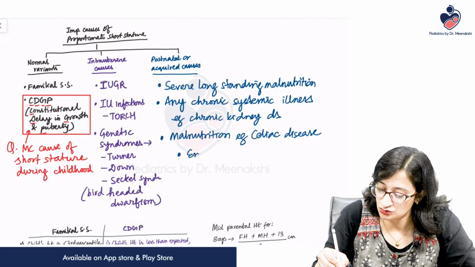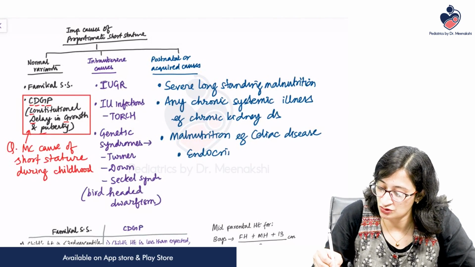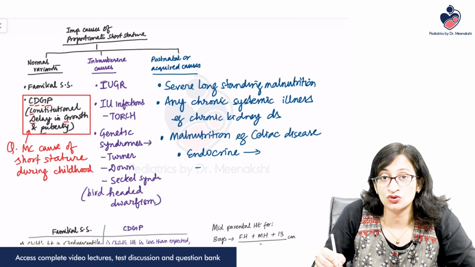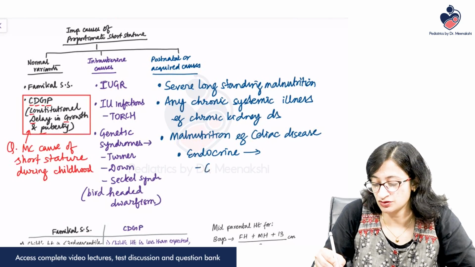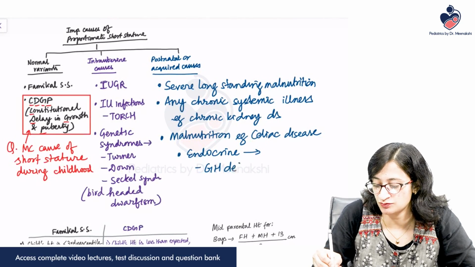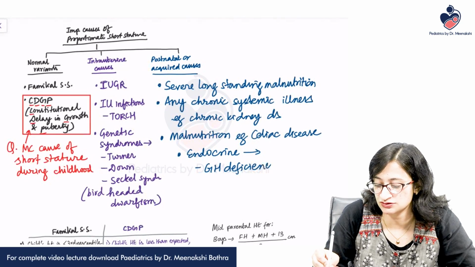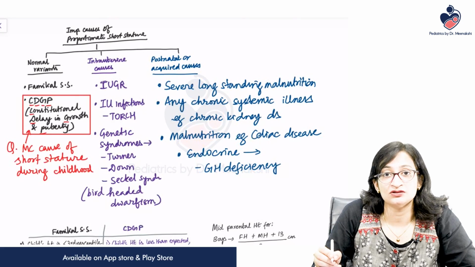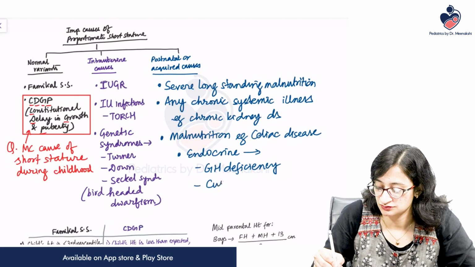Then there can be some endocrine or hormone-related causes like growth hormone deficiency. Remember, growth hormone deficiency is a very important cause of proportionate short stature. Cushing syndrome during childhood can also give rise to it.